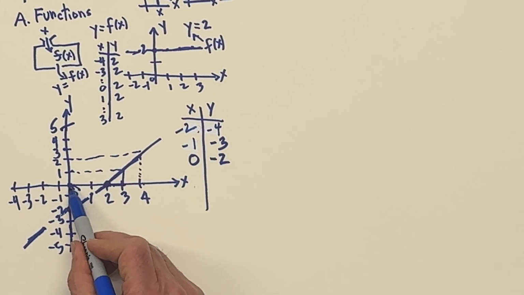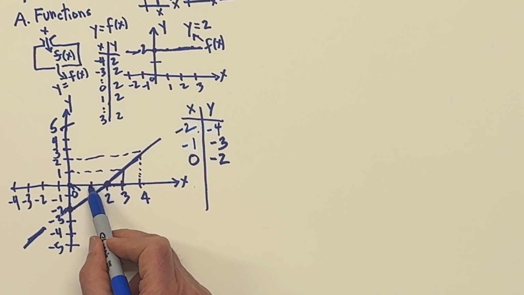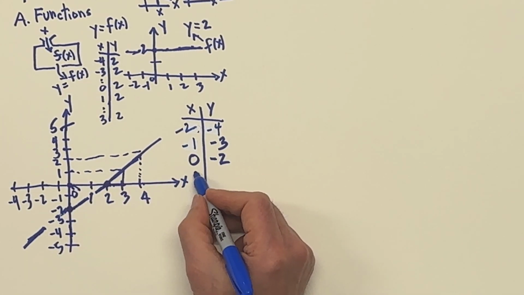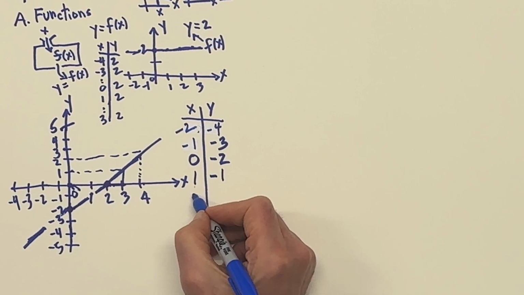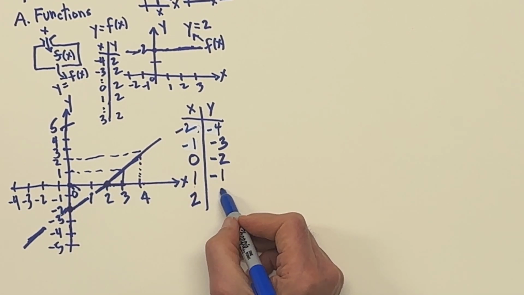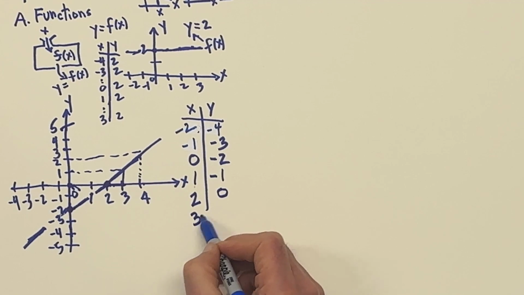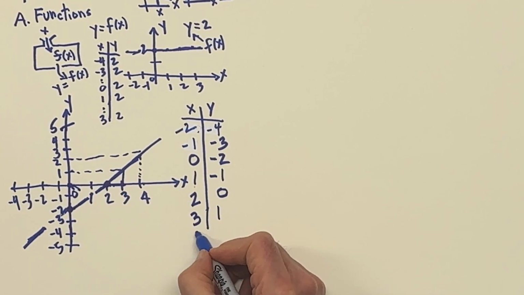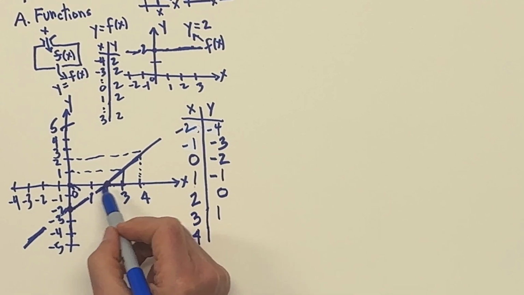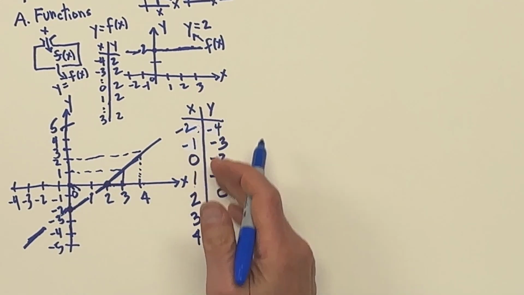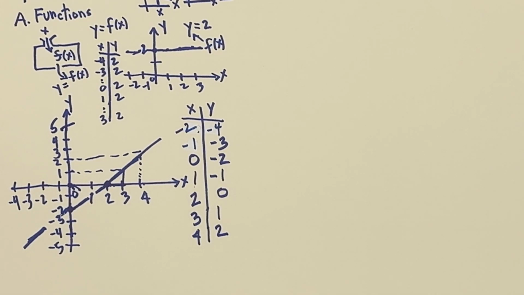So here if I go from 0 to 1, then if I add 1, I'm at -1. Then if I go to 2, here, I'm at 0. If I go to 3, I went up 1, I'm at 1. And if I go to 4, then I go up another 1, I'm at 2. So these are the values, the ordered pairs that go with this.